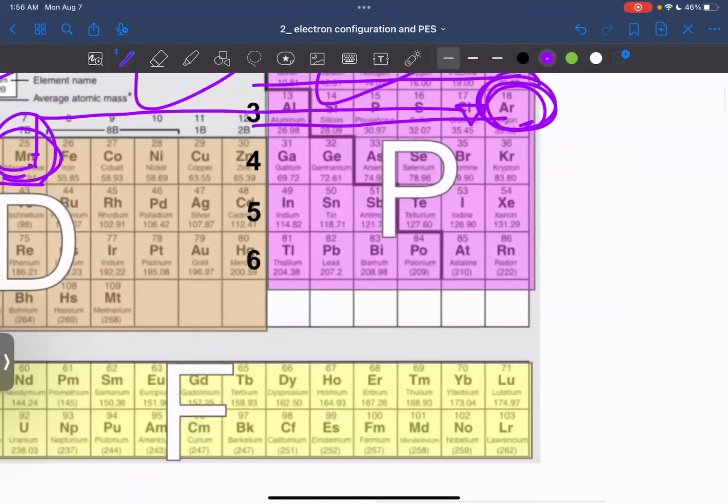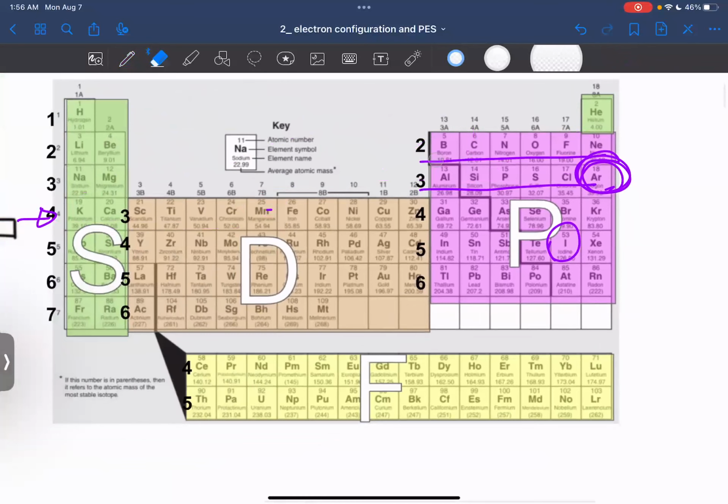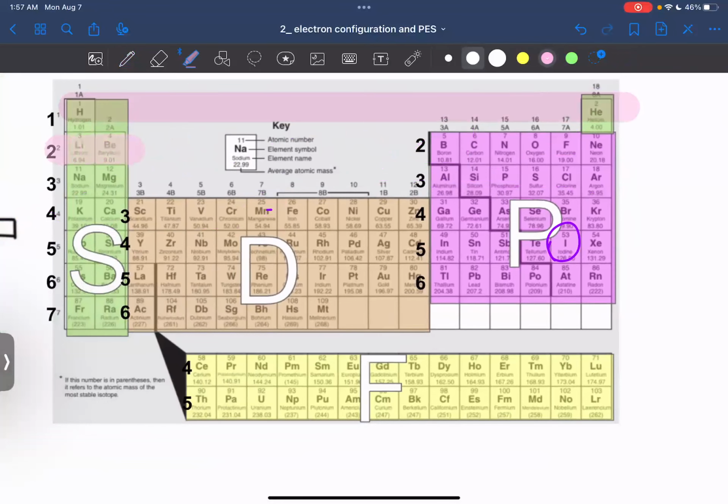Okay, let's do iodine. If we're going to go from the beginning, we start reading from 1s again. So that would be 1s2, 2s2, 2p6, 3s2, 3p6, 4s2, 3d10, 4p6, 5s2, 4d10, 5p5.